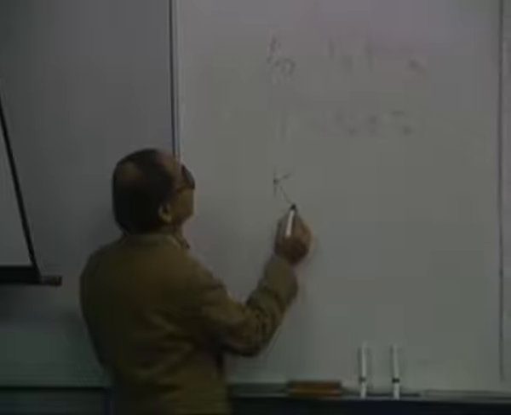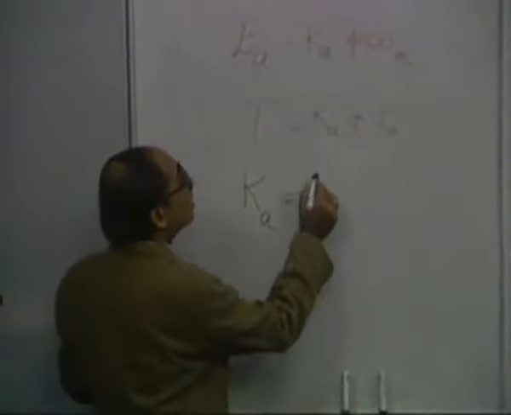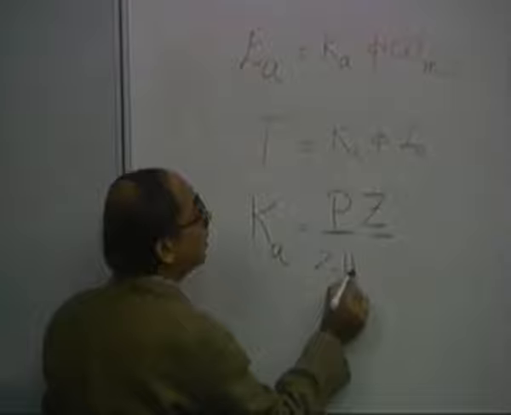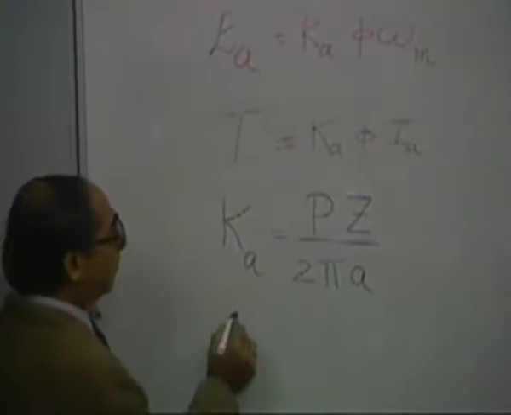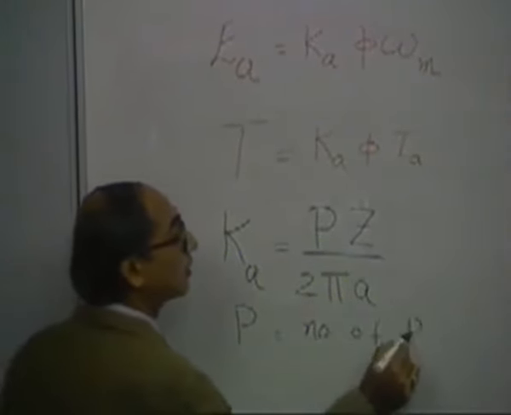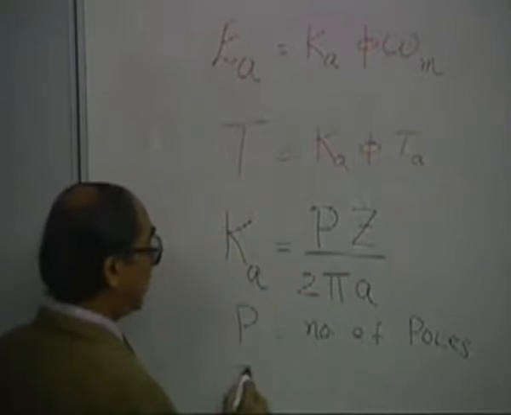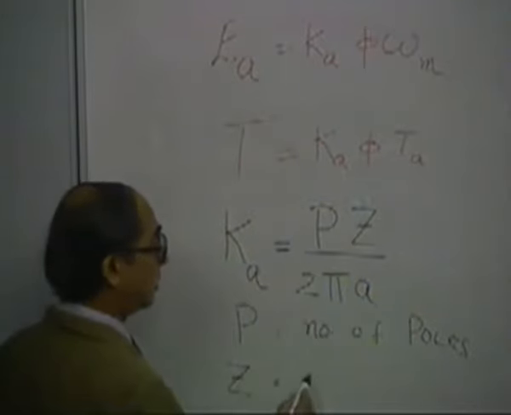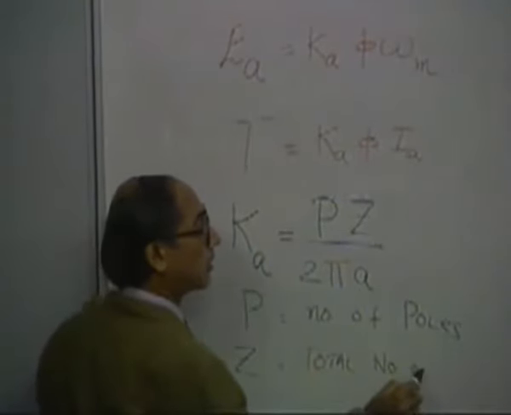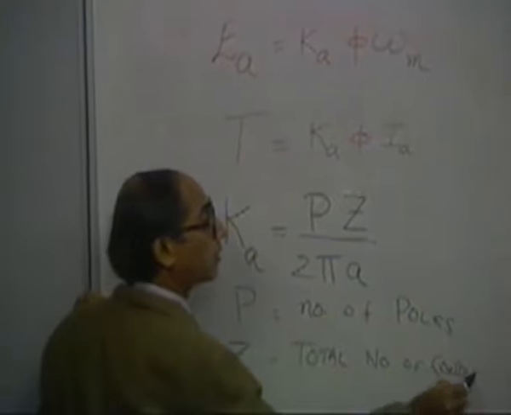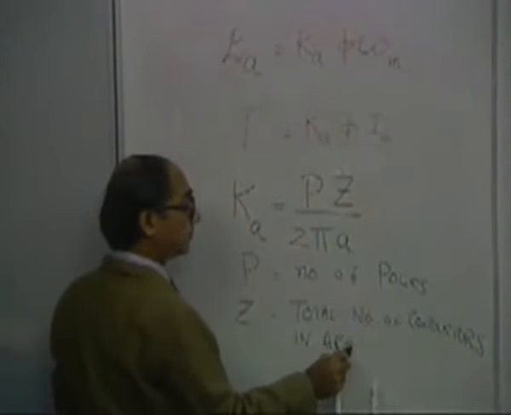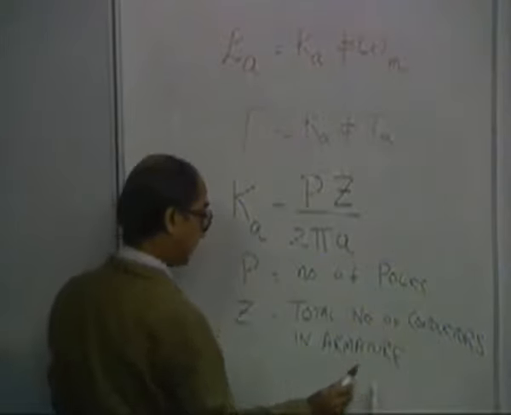So, this Ka was the constant P into Z by 2 pi into A, where P is the number of poles and Z is the total number of conductors in the armature.